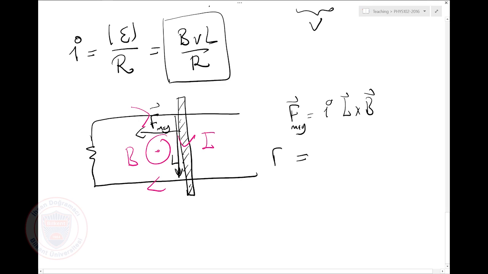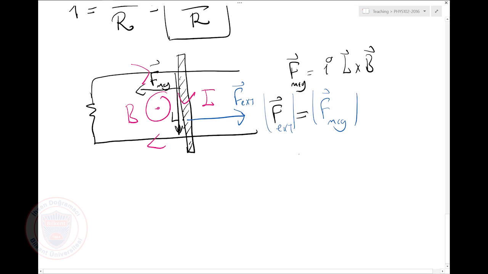So let's show it. The external force, F external, must be to the right, and the F external magnitude must be equal to the F magnetic magnitude.